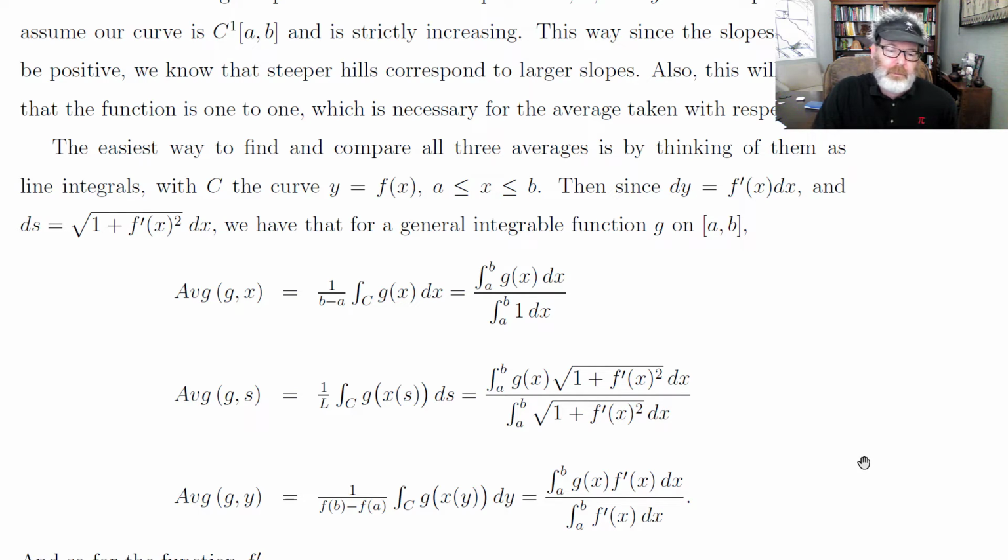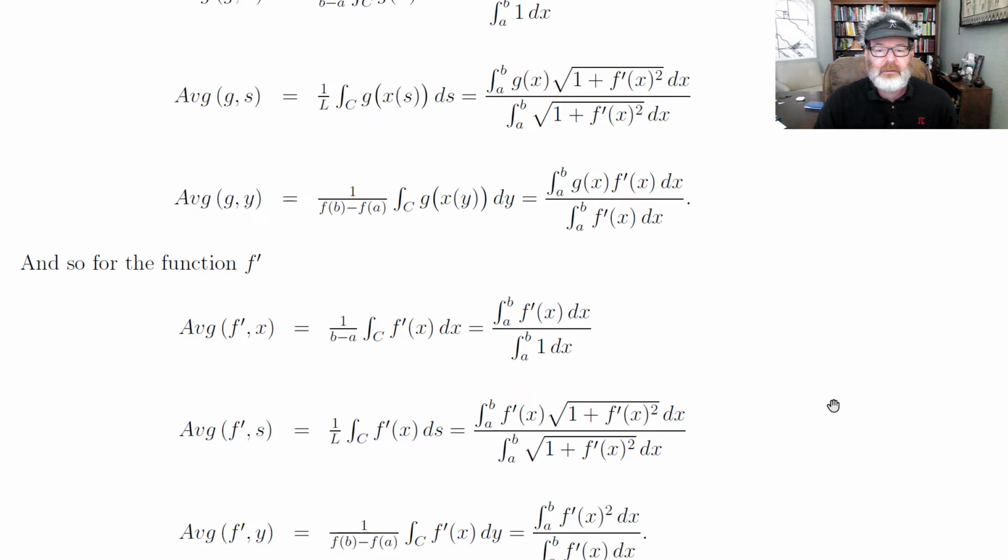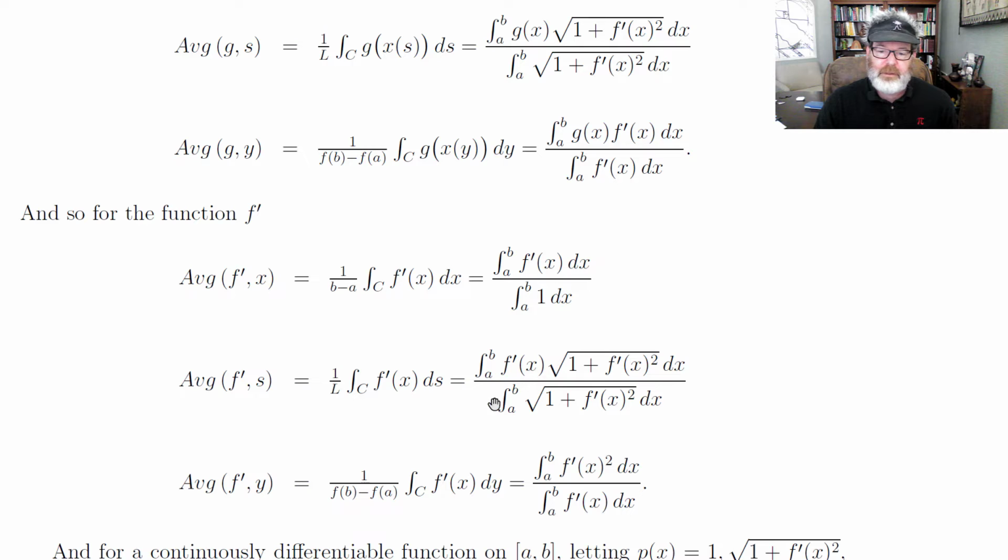And so what I was comparing, though, was not average slope, but the average angle. So these would be the formulas for the average slope if you replace g with f prime. But after I did that, I wanted the average angle. So I replaced g with arctan of f prime and found the average angle and compared that to arctan of the average, the angle the average slope made.